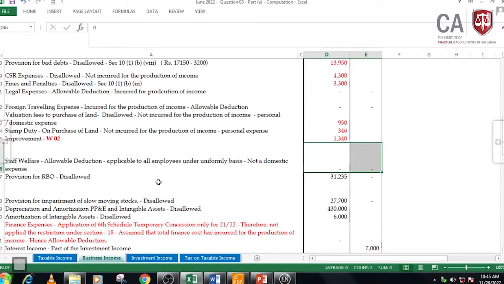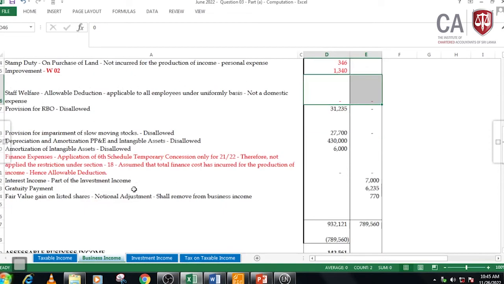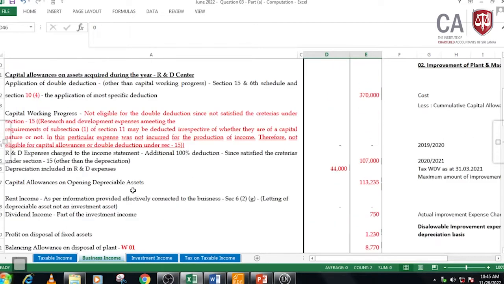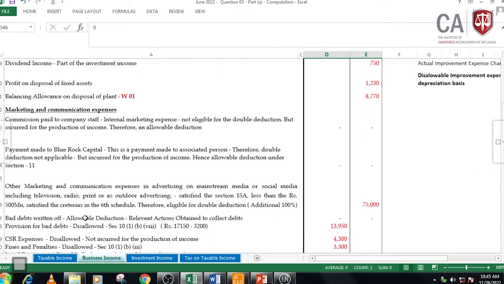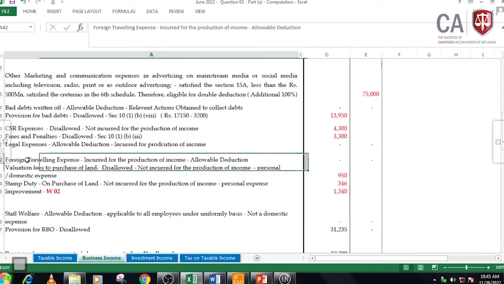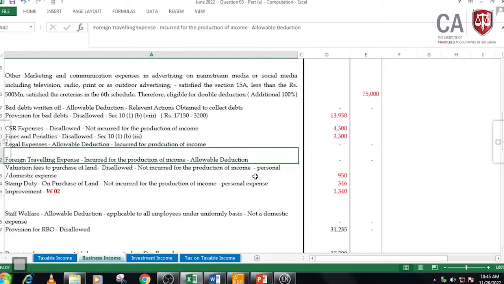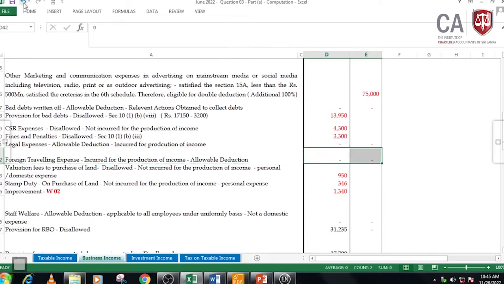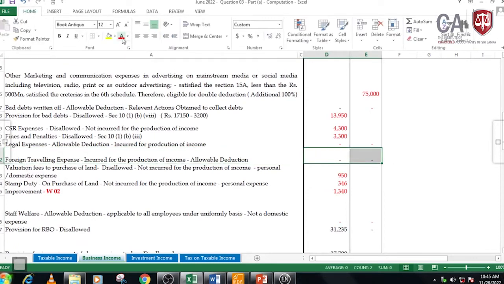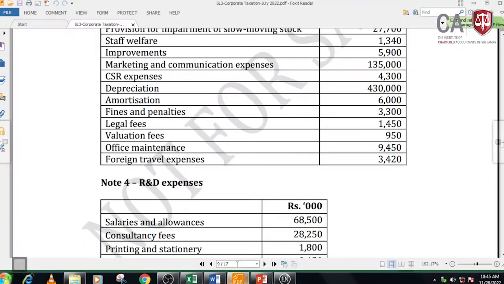Now come to the foreign travelling here. It is an allowable deduction, where the expenses are incurred for the production of income, therefore it is an allowable deduction. Done. Then what's the next one?